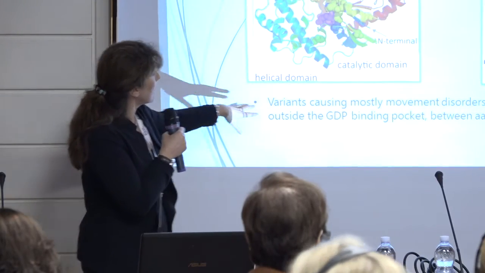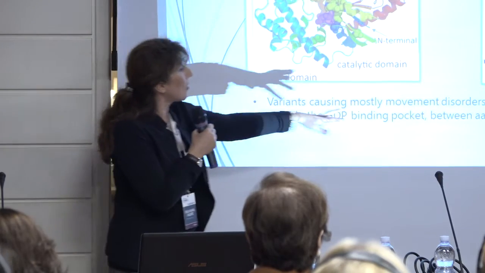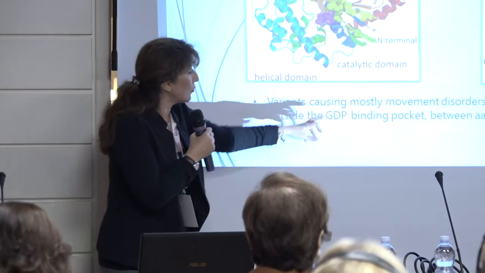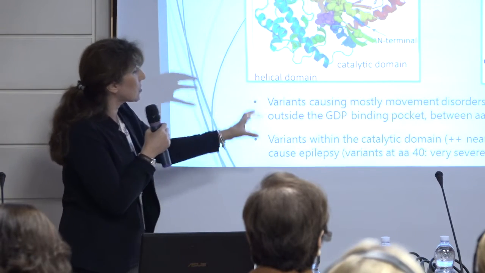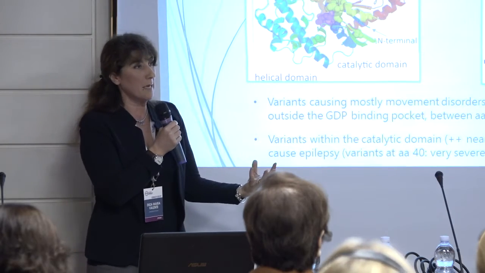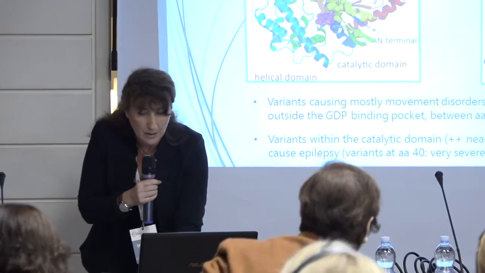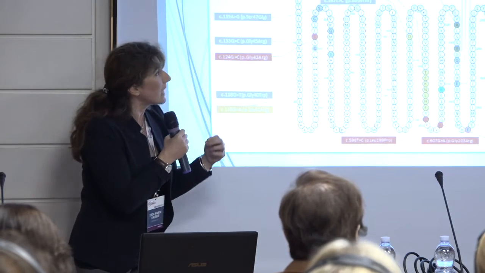So, for example, the mutations that can bring about movement disorders are within this amino acid range that is outside the GDP binding pocket, while the variants within the catalytic domain cause epilepsy in most cases. So there are some connections between the place on the one hand and the function on the other hand.